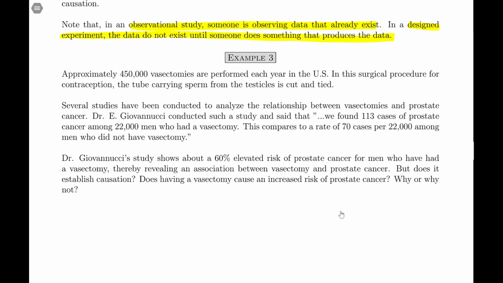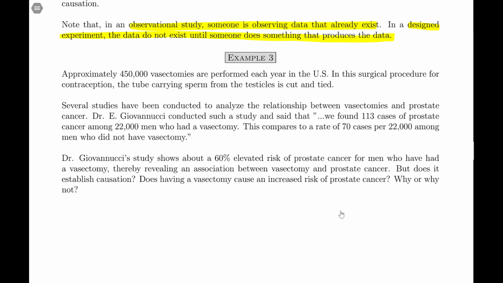They just simply found 22,000 men who'd already had a vasectomy, and out of those 22,000 men, 113 of them happened to have already developed prostate cancer. They could have had prostate cancer before the vasectomy. They could have had it after the vasectomy. We don't know that information. This is just simply a matter of they found these men. This is the end result of what they discovered in those 22,000 men.